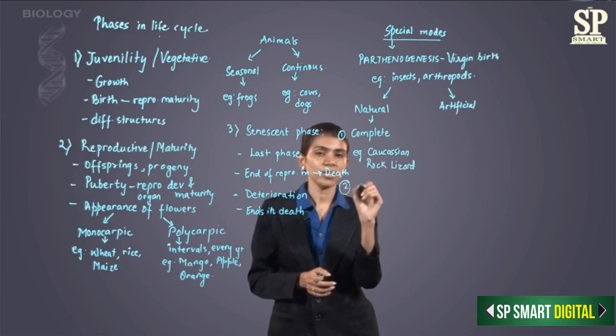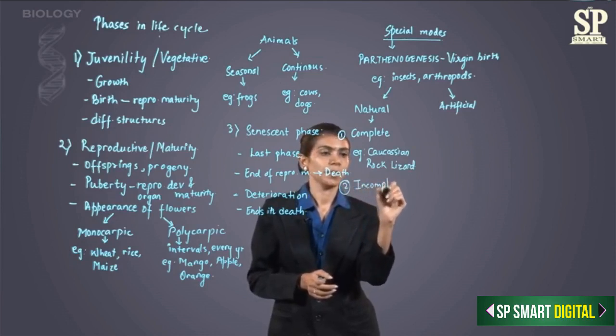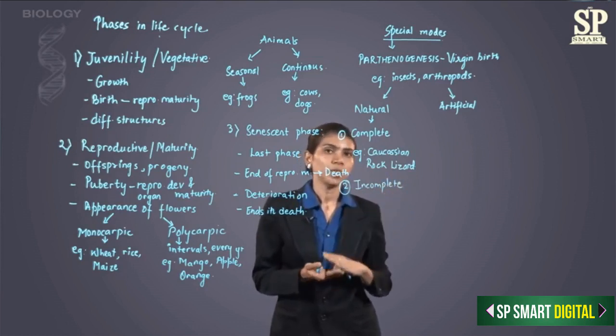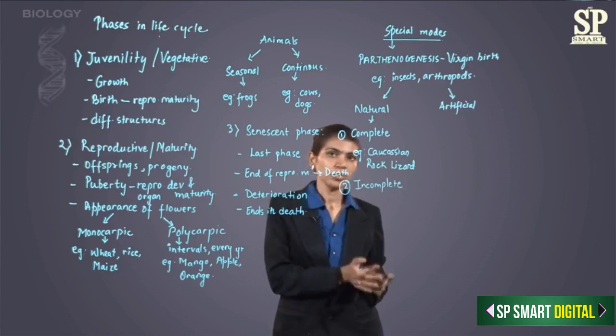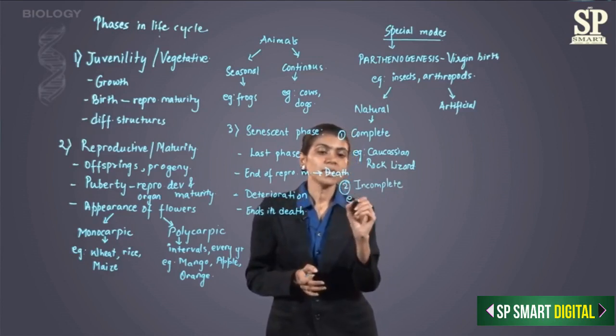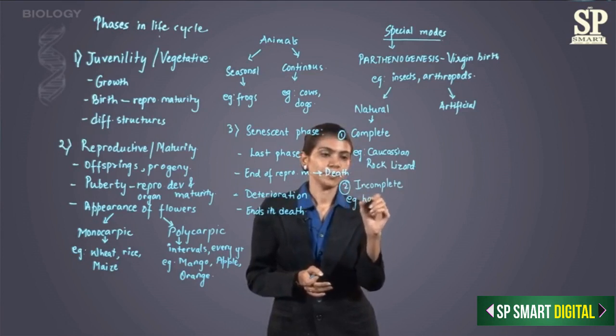The second type of natural is incomplete. In incomplete natural parthenogenesis, two modes of reproduction will be seen, that is parthenogenesis as well as the sexual mode of reproduction. For example, this is seen in honeybees.